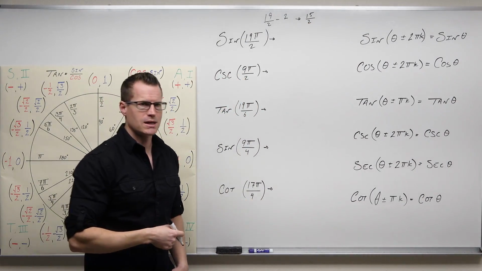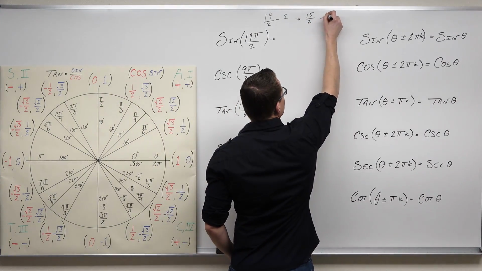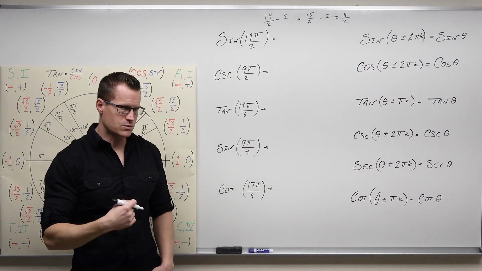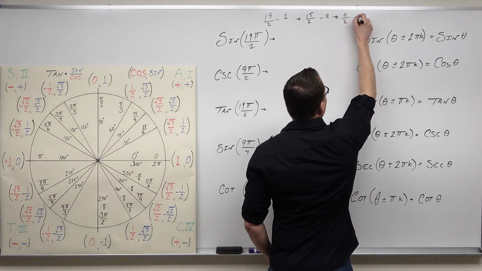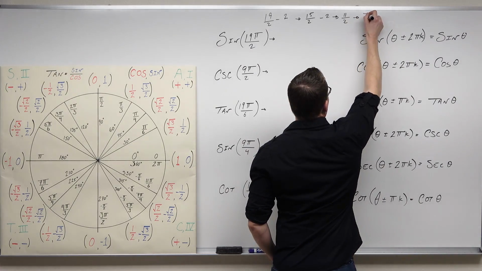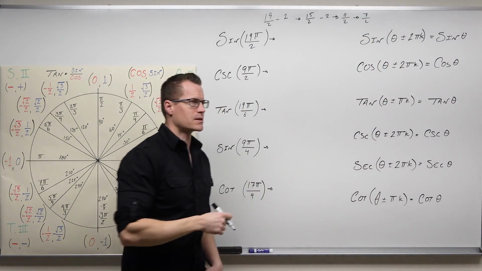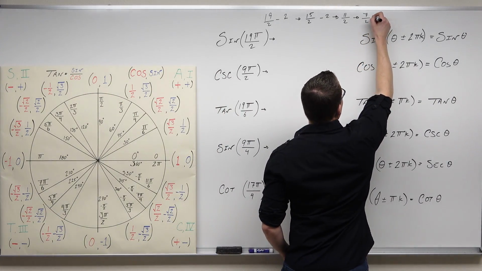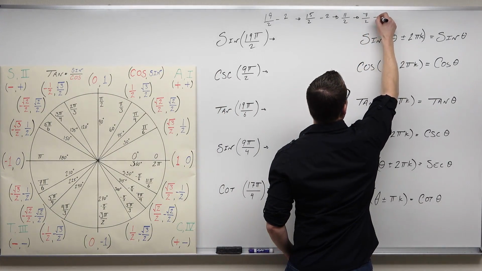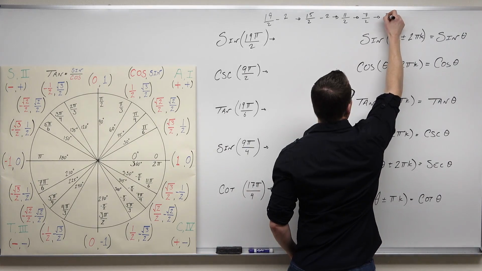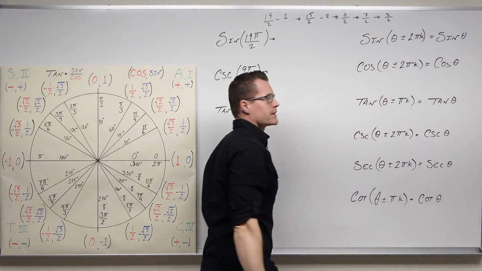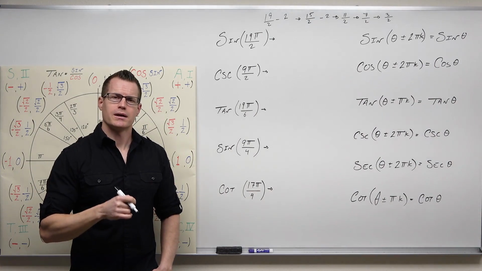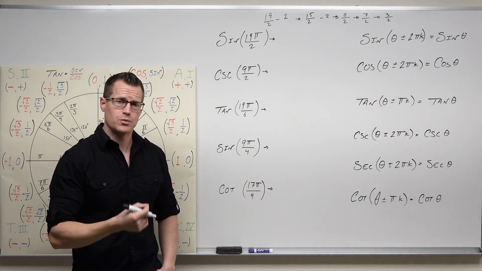What if we subtract it again? That's 11 halves. What if we subtract it again? Well, that's 7 halves. What if we subtract 2 again? That's 3 halves. So what that means is sine of 19 pi over 2 is the same thing as sine of 3 pi over 2.